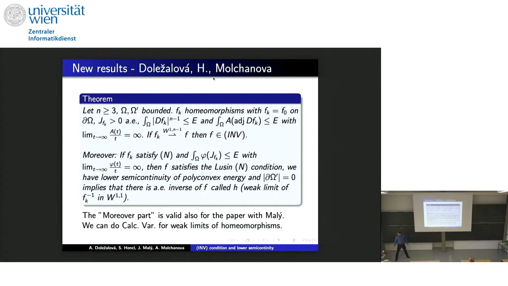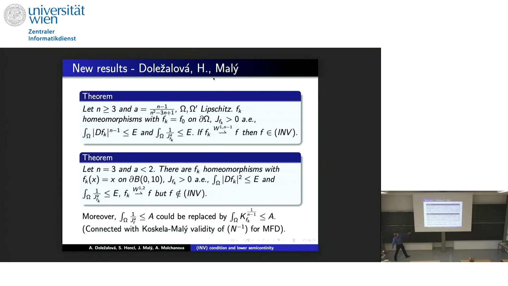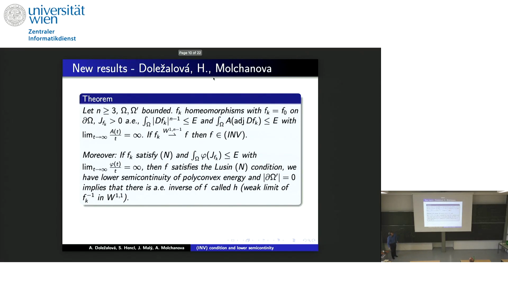So let me return to the previous result of Jan Malý. Essentially, moreover, if your F_k satisfies the Lusin N condition and the Jacobians are equi-integrable, then you have lower semicontinuity of the corresponding polyconvex energy functional, and the limit satisfies the N condition and so on. So everything is great, and you can really do calculus of variations.